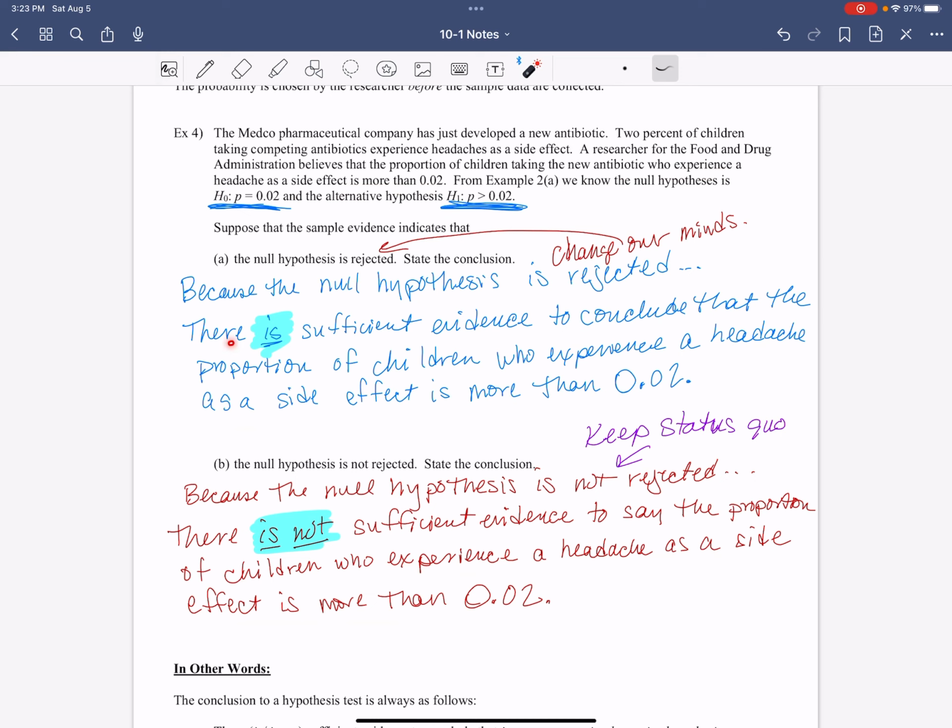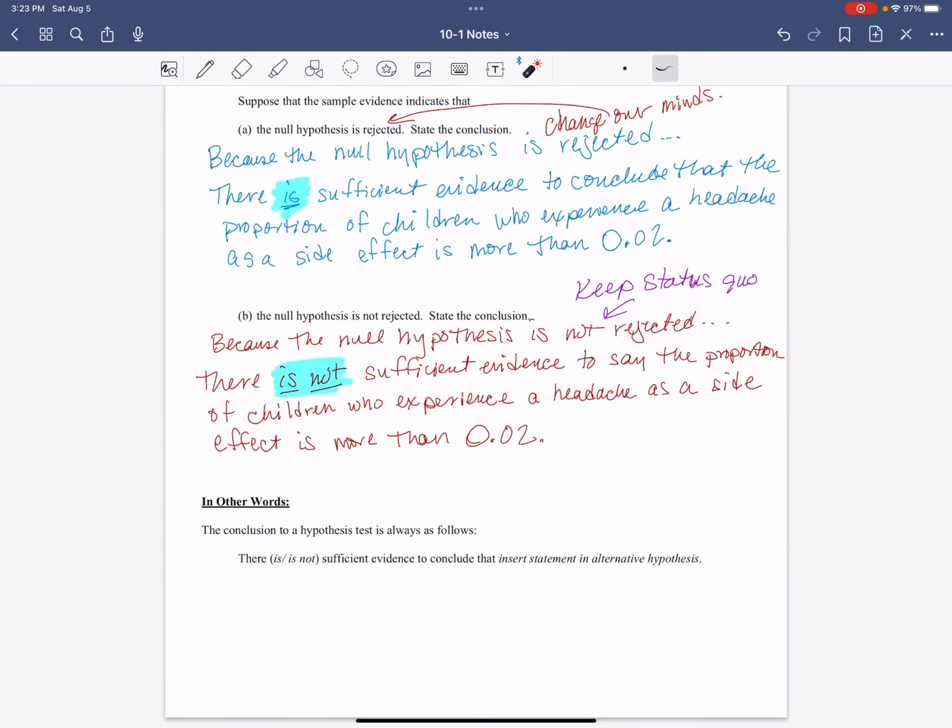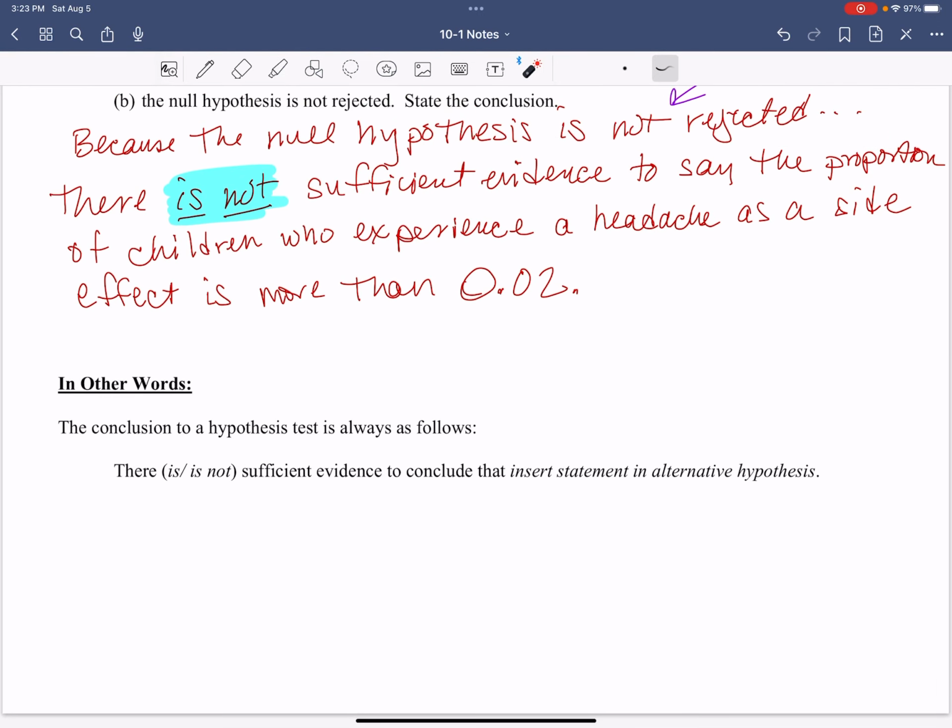The biggest question is, is there sufficient evidence? Is there not sufficient evidence? And that's what this conclusion down here is stating. The conclusion is or is not, all of the rest of these words, and then insert the statement is what you do. That's how you make a conclusion. That's how you set this up.